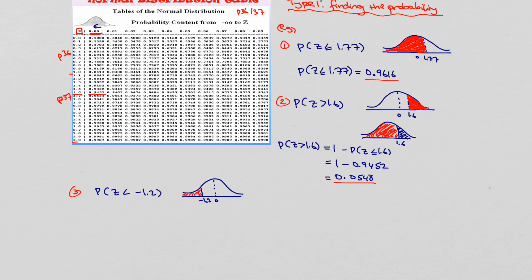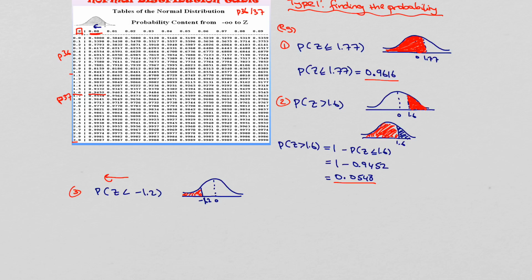So again, if we're looking at our tables, we cannot go beyond 0. In other words, the tables only represent from 0 onwards. And again, looking for less than in that direction. Okay, so therefore we need to look at how we can find this out.